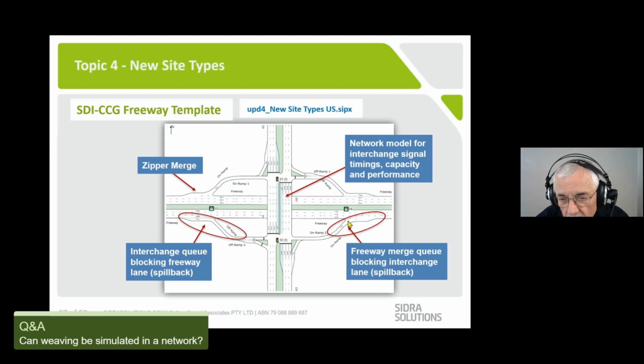The on-ramp, if there is very heavy freeway flow and entry flow, merge flow if you like, it will create a queue and it will block the freeway. So we'll check out the model with this one. Probably there is a bit of streamlining necessary, but that is what we can do. So that answers that one.